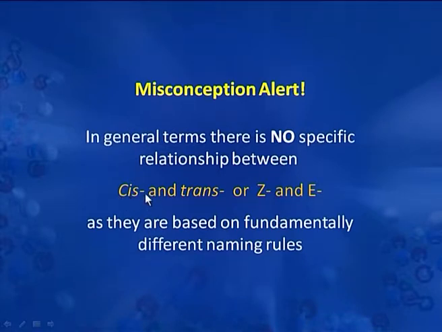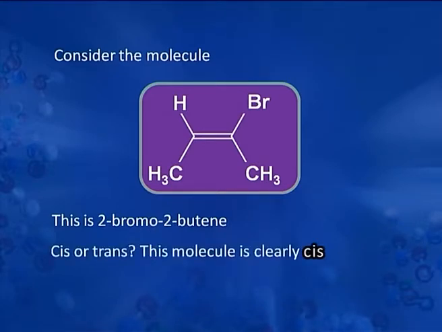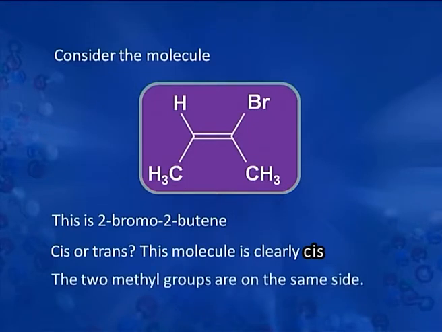In cis and trans nomenclature method, we are considering the groups which are identical, whereas here we are considering the groups with their priorities. Let us take an example. This molecule is 2-bromo-2-butene. Is this cis or trans? Obviously, this is cis because it has two methyl groups on the same side.